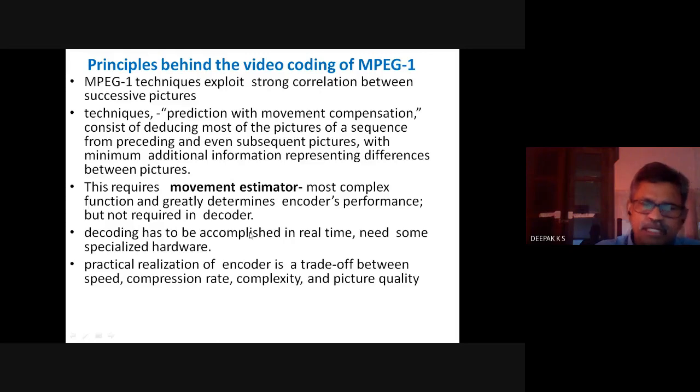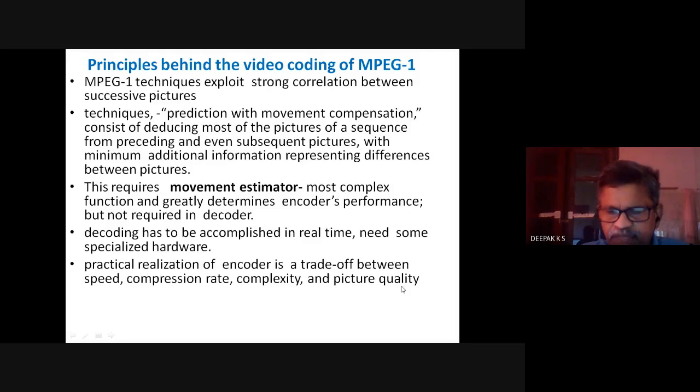And decoding has to be accomplished in real time. And the more specialized hardware you have, the faster things become. You can accomplish an activity in software as well as hardware. The more hardware you use, the faster it becomes. Practically, the realization of an encoder is a trade-off between speed, compression rate, complexity, and picture quality.